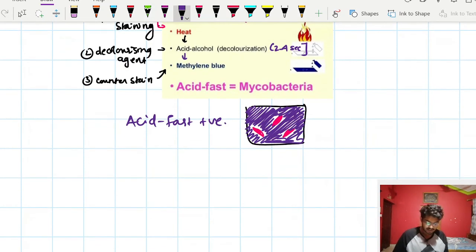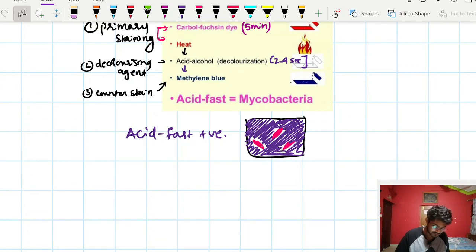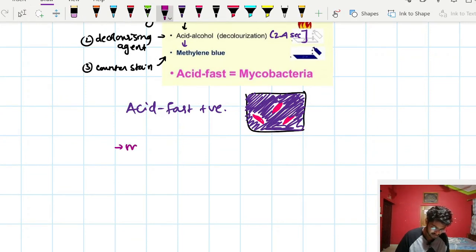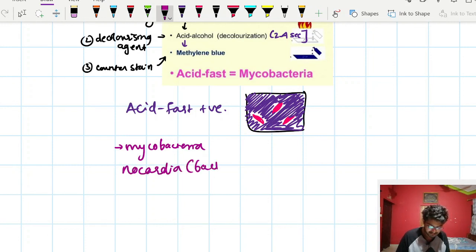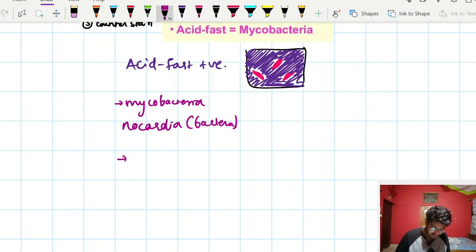Now what are all the structures that come under acid fast positive? The first one is our famous mycobacteria. We differentiate mycobacteria by acid fast. Then there is nocardia, which is a bacteria. Then there are sperm heads and spores.